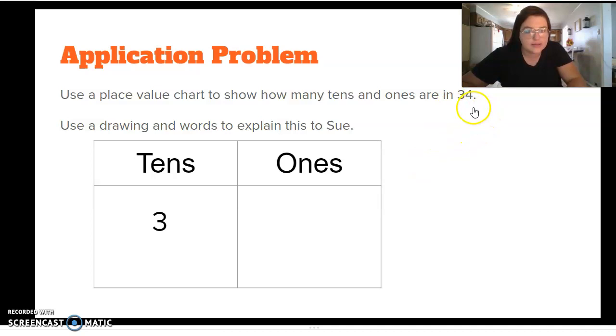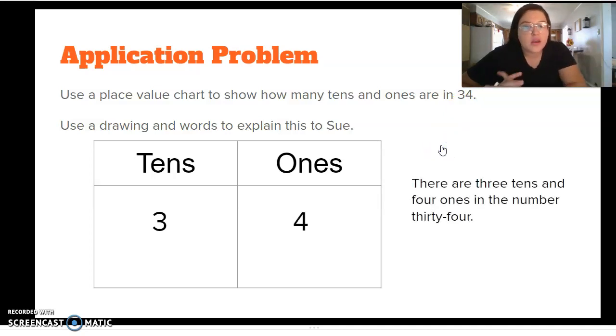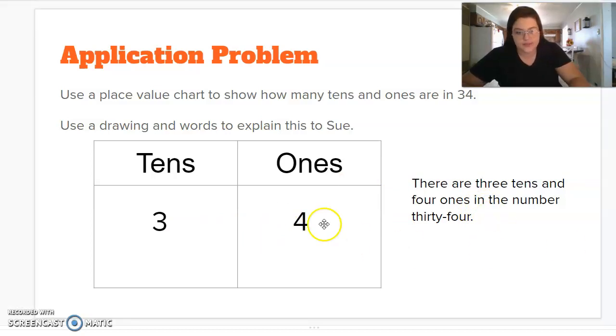How many ones? Well, let's look at the ones place. What number is that? 4. Right. So there are 3 tens and 4 ones in the number 34. We wrote a statement for Sue to help her understand. This is the tens place. This is the ones place. 3 tens, 4 ones. There are 3 tens and 4 ones in the number 34.